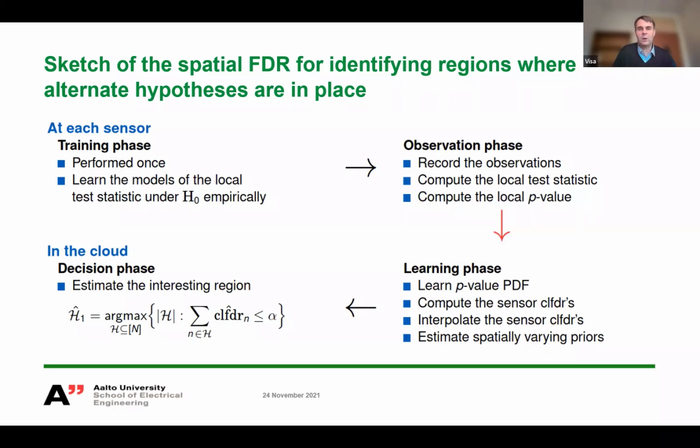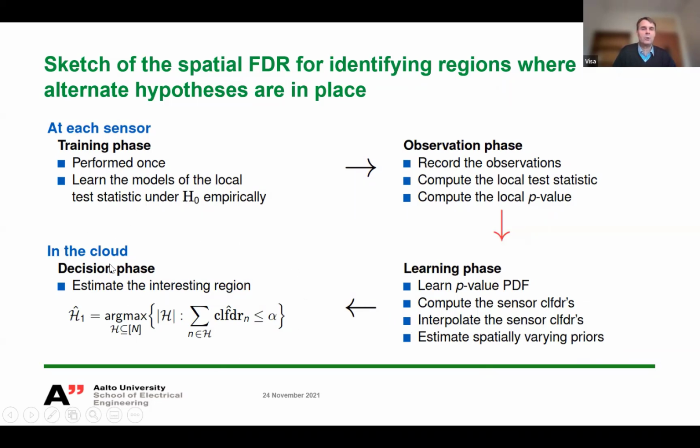And then, in order to figure out the test statistics in between the sensors, we interpolate these contextual local FDRs to characterize these regions. And since it's an empirical Bayes procedure, these spatially varying priors are also estimated on the fly.